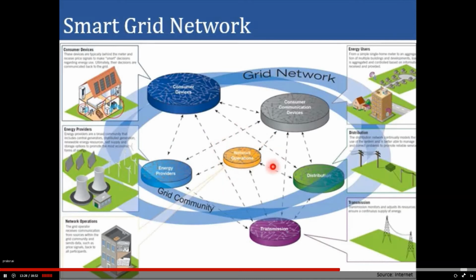So at the center, you will see there is a network operations center which will coordinate among various entities for better operation of the power system network. So these entities are key entities for the smart grid network. We'll discuss all of these entities in detail when we progress in the course.